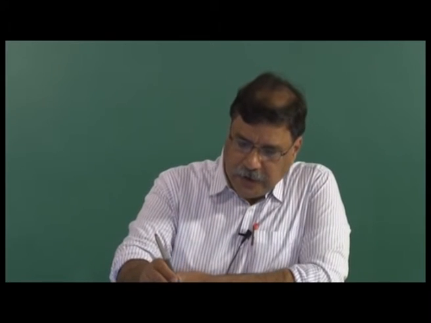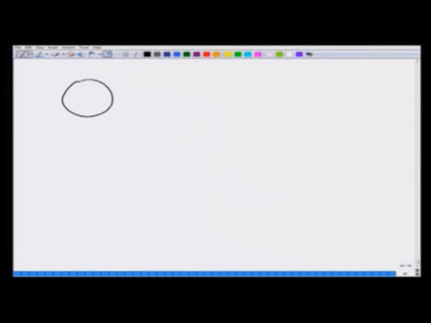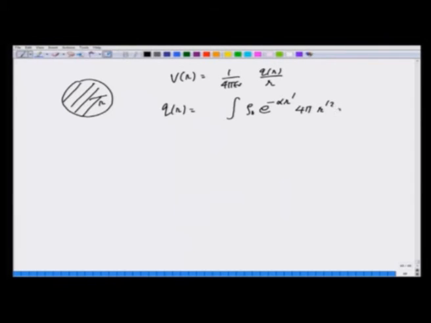To calculate V r due to this charge in the region up to radius r, V r is nothing but 1 over 4 pi epsilon 0 q r over r. Q r is going to be the integral of rho 0 e raised to minus alpha r prime, 4 pi r prime squared dr prime from 0 to r.